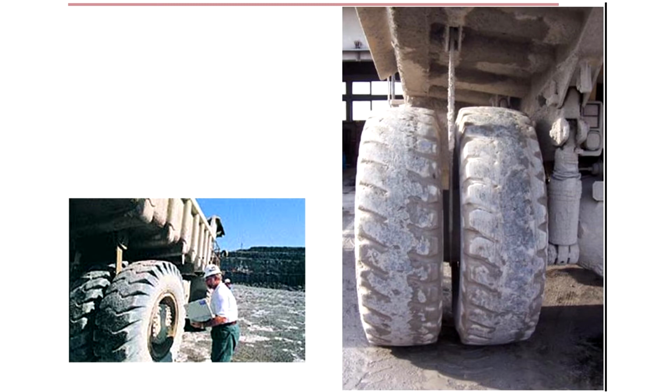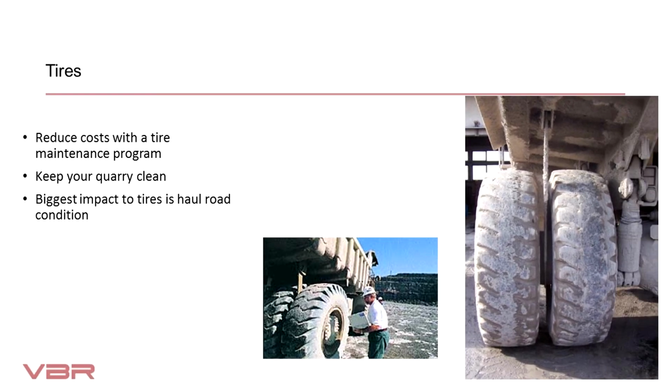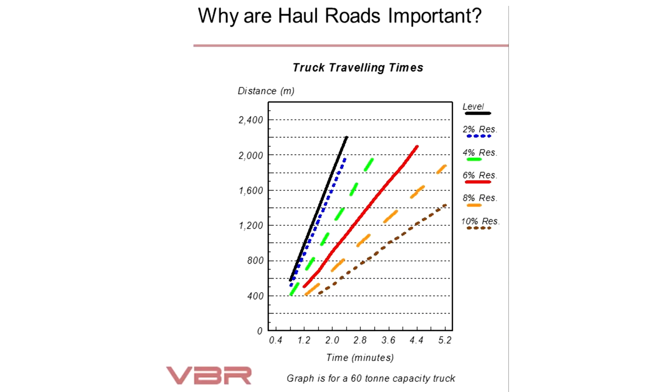Truck tires are exposed to harsh conditions in the quarry, with the presence of sharp limestone freshly blasted. Reduce costs with a tire maintenance program, always keeping the load and unloading areas clean and maintaining proper haul road conditions. Why are haul roads important?